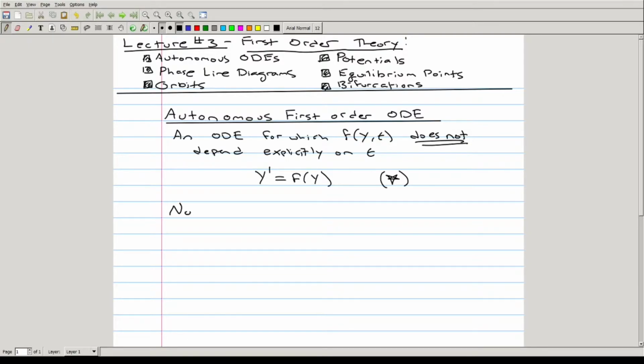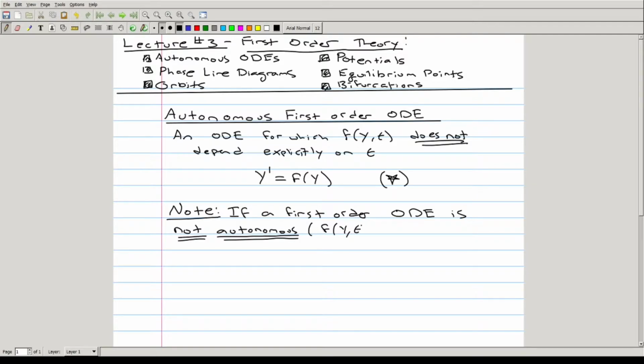And I want to note here, because this will be important later on, if a first order ODE is not autonomous, so f does depend on t explicitly, all hope is not lost.